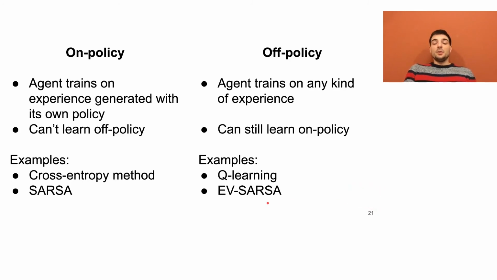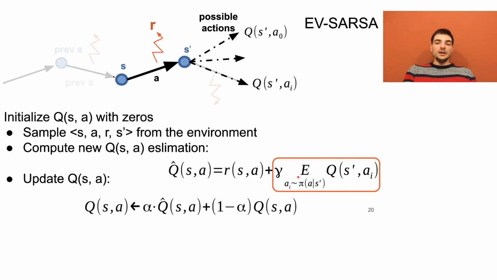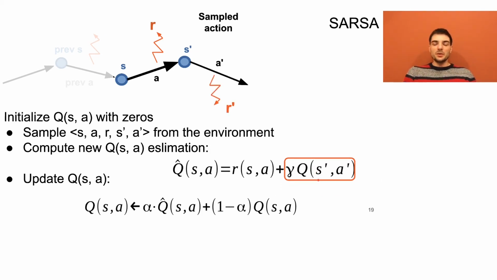Expected SARSA is also off-policy because, while we estimate our future Q function from our policy, we still might get this Q function from anywhere. But in SARSA, we sample our action from our policy. This might be a little bit confusing right now.